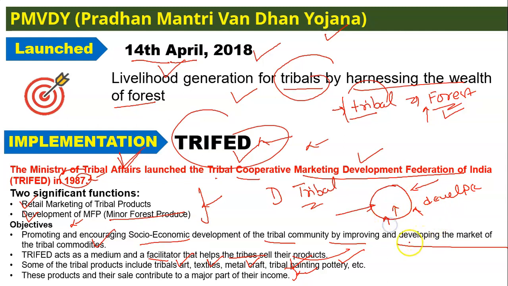It means they are helping with value addition of this product, their marketing, their storage, their transportation, etc. This work is done by the Tribal Cooperative Marketing Development Federation of India.